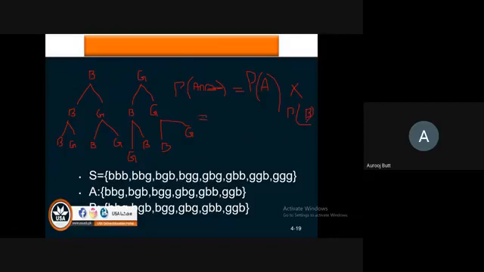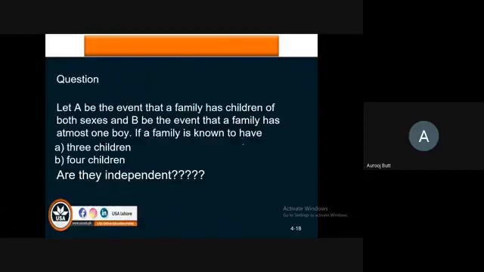Probability of an event A is equal to favorable outcomes in an event A, that is 6, and total number of sample points, that is 8, multiplied by probability of an event B. How many sample points are there? There are a total of 6 sample points when you have at most one boy.